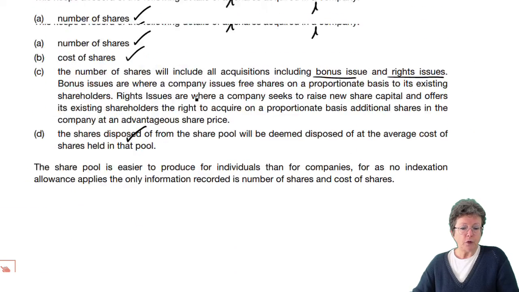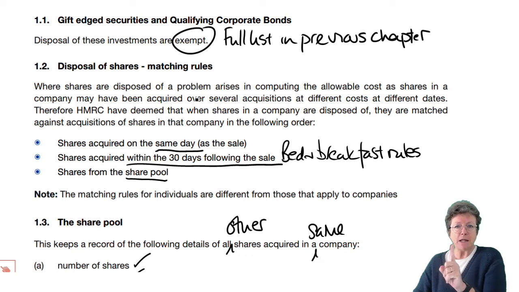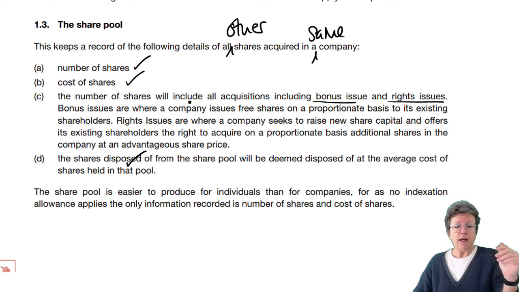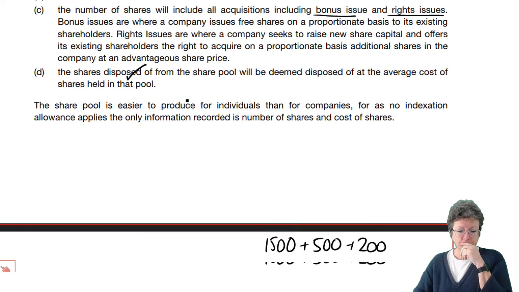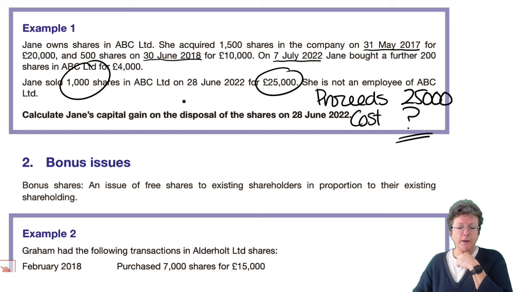So those rules, go over them again. We always first match the rules, same day, next 30 days, everything else goes in a pool in the order in which you bought them. It has in the number of shares, how much we paid for them, and any disposals. And we have example 1 there that explains how that works.